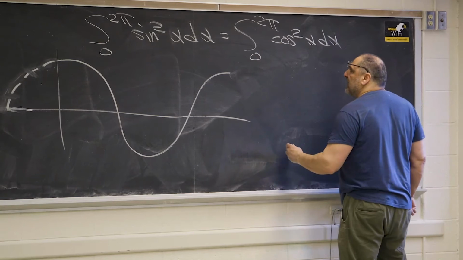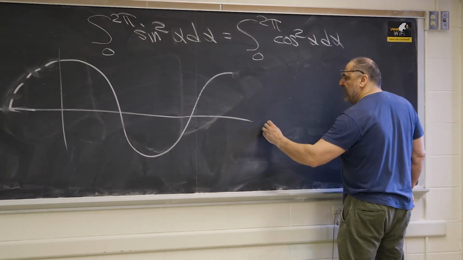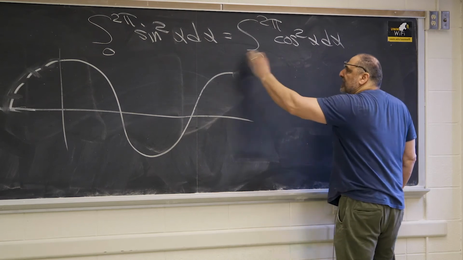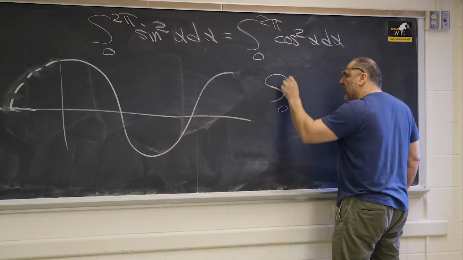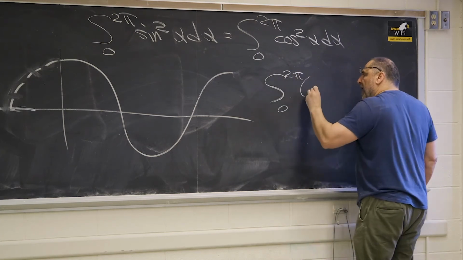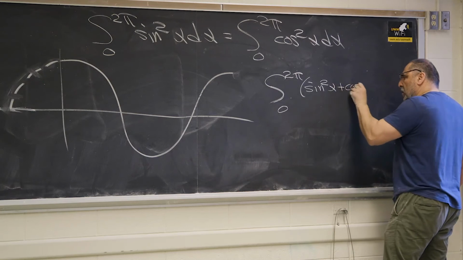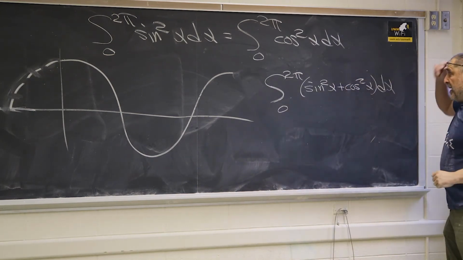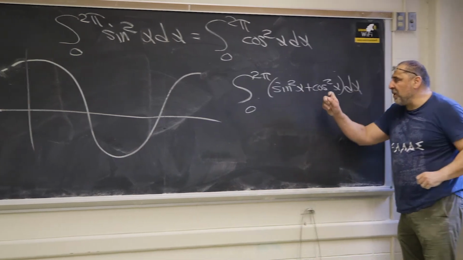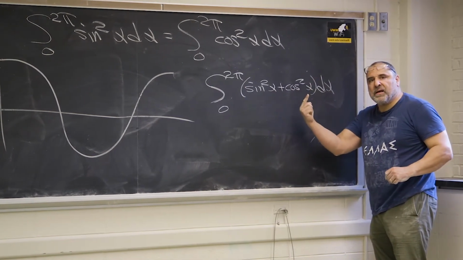If you add them together, if they're equal to one another, then the integral from 0 to 2 pi of the sum sine squared x plus cosine squared x dx. Wait a minute, sine squared x plus cosine squared x is 1.